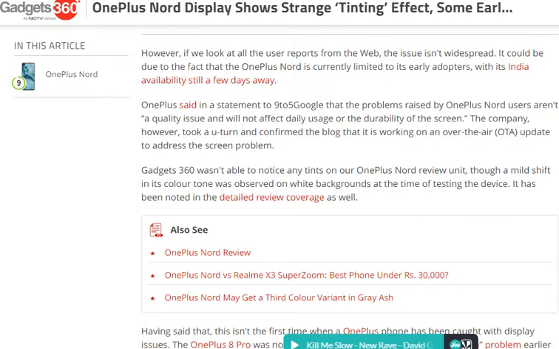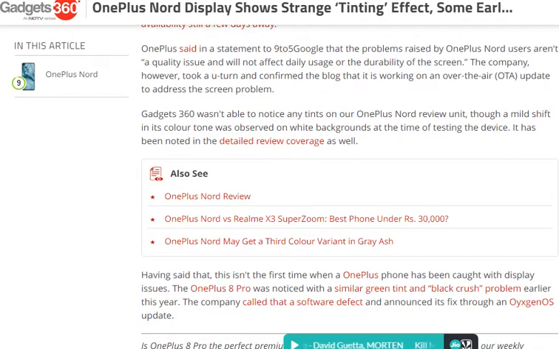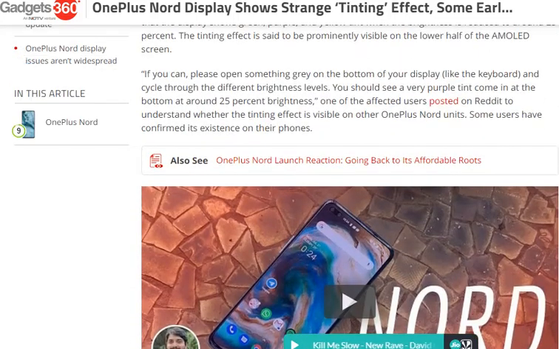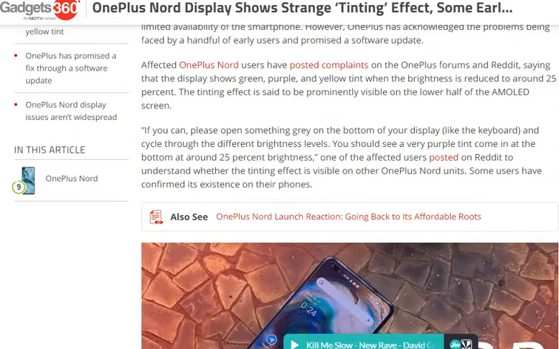Now it could be that Samsung is basically the company which is providing displays to other companies, and maybe there is an issue in the display quality. But ultimately, once the companies get these panels, they are the ones who are calibrating the displays.